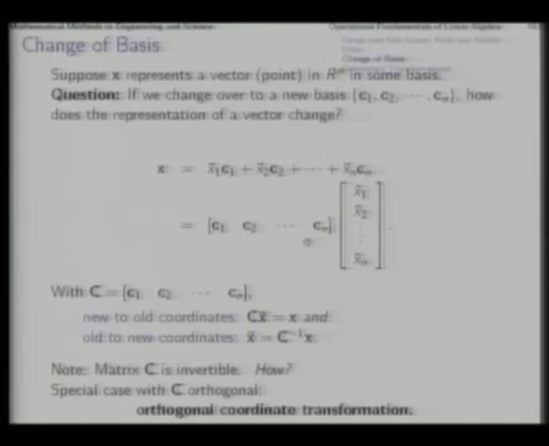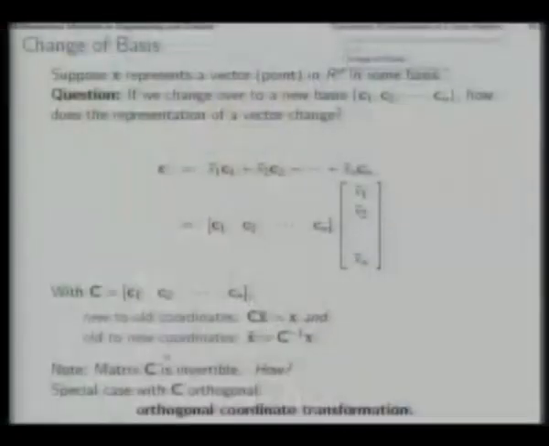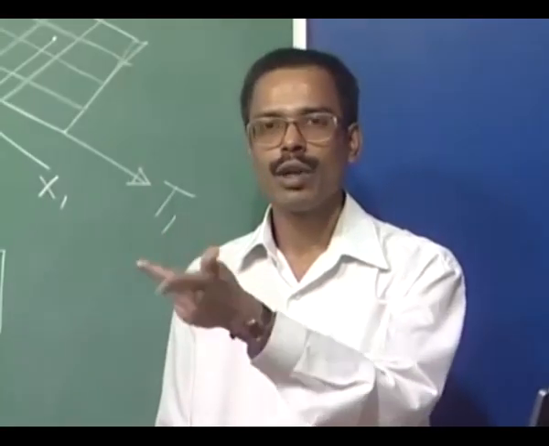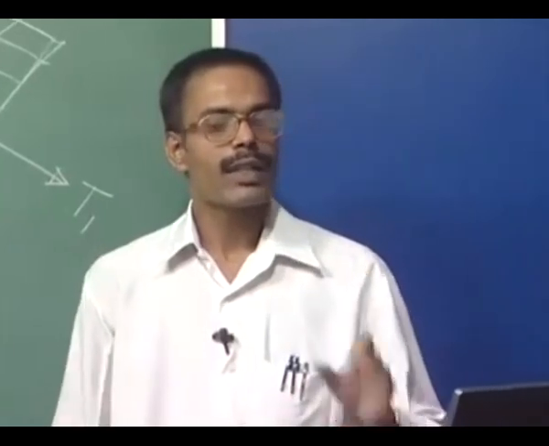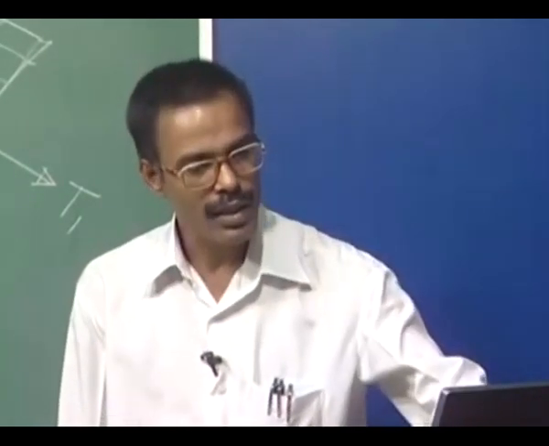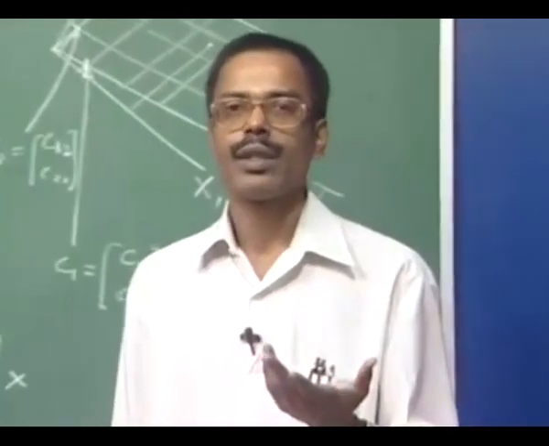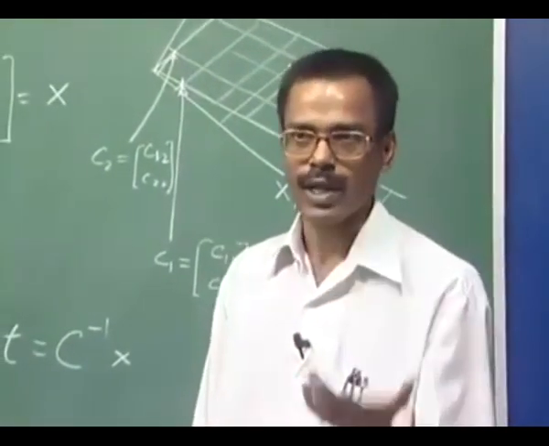Now, in a special case, we have matrix C as orthogonal. That means, in that case, the basis members will be all unit vectors and mutually orthogonal, and that means it will be an orthonormal basis, and in that case this type of basis change we call orthogonal coordinate transformation. Now, we have seen how the change of basis affects the representation of vectors.